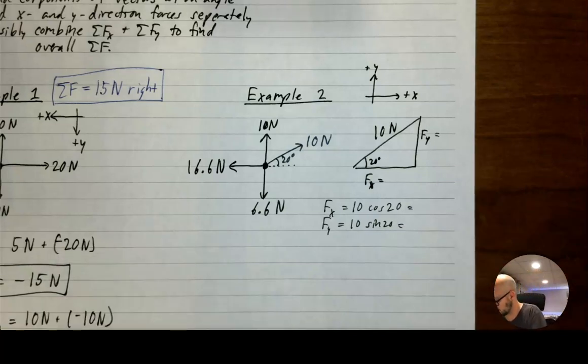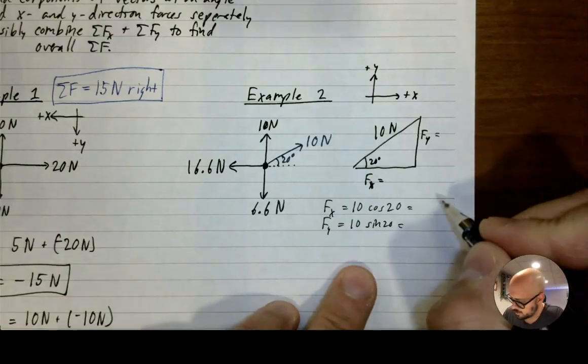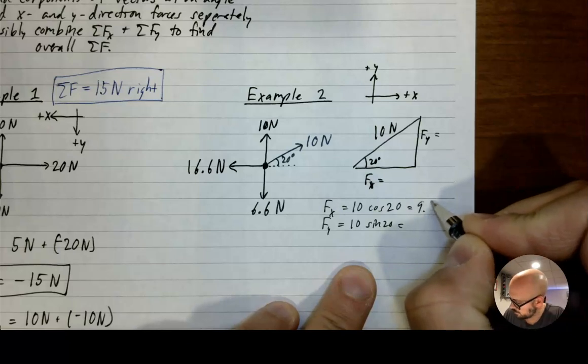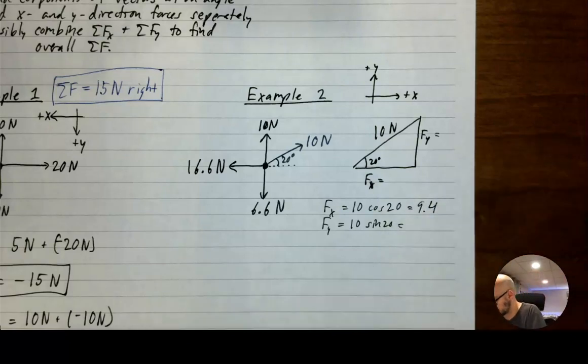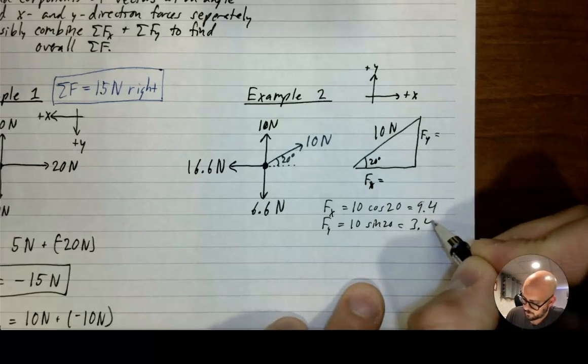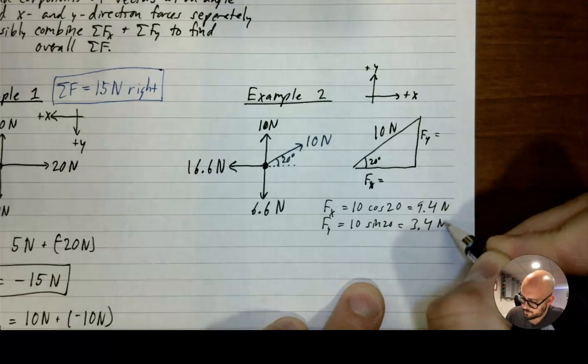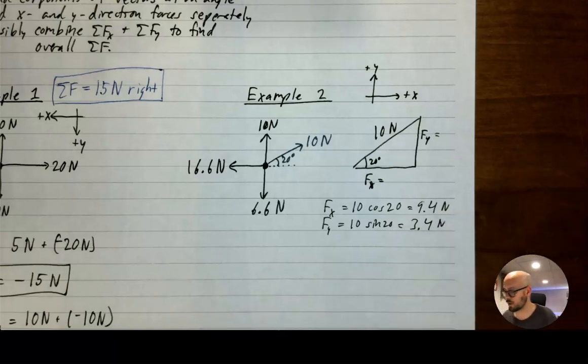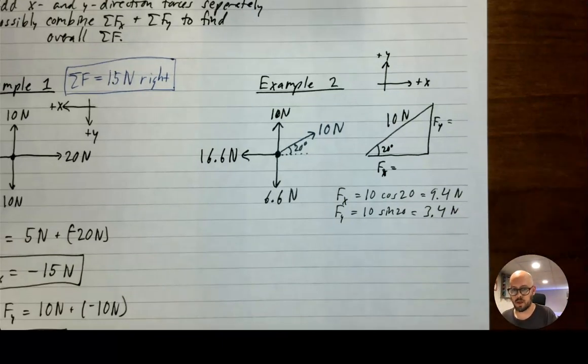So 10 cosine 20, that is 9.4. 10 sine 20, and that is 3.4. These are newtons. Okay, so those are my components. So now I can continue on.